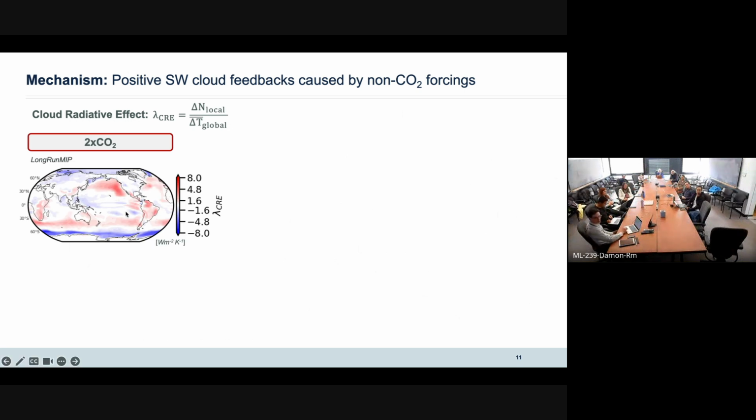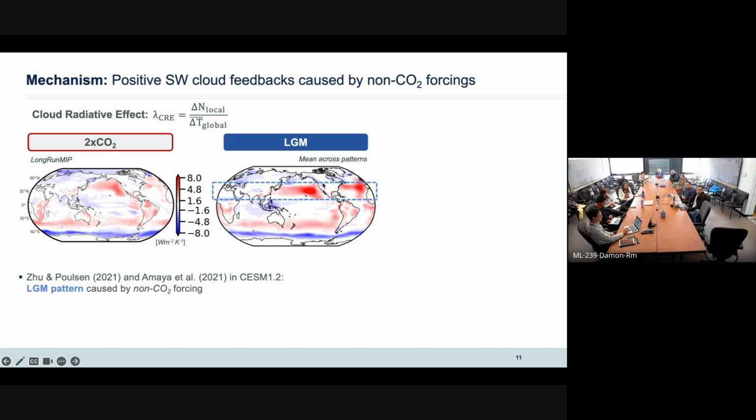On the left, I'm showing a spatial representation of the feedback from cloud changes for the CO2 doubling first. You can see the red regions are where there are more positive cloud feedbacks that amplify the change. In the middle, I'm comparing with the same thing, but for the LGM. For the last glacial maximum, you see these big red bullseyes over the North Pacific and the North Atlantic, which indicate a much more positive shortwave cloud feedback over those really cold SST regions.